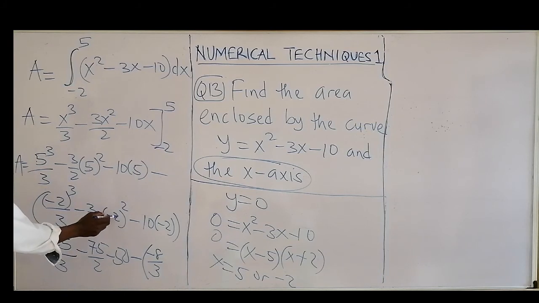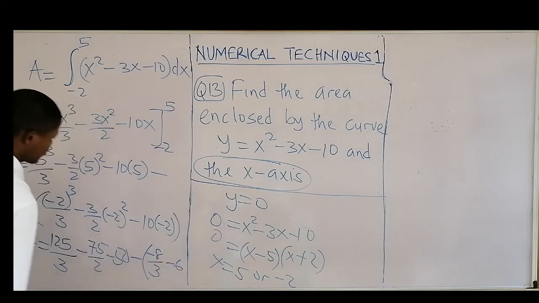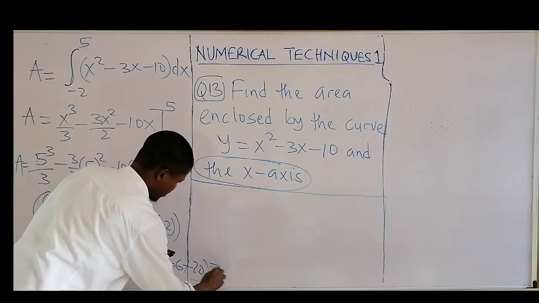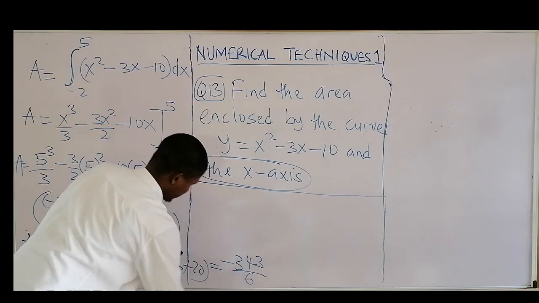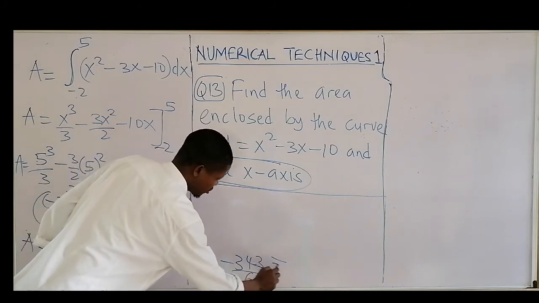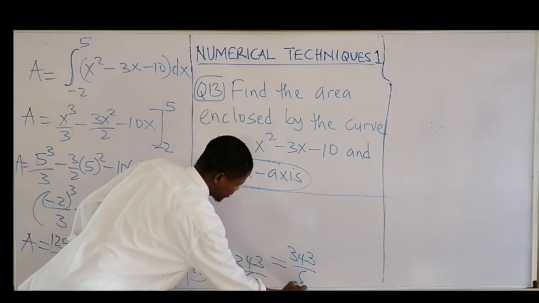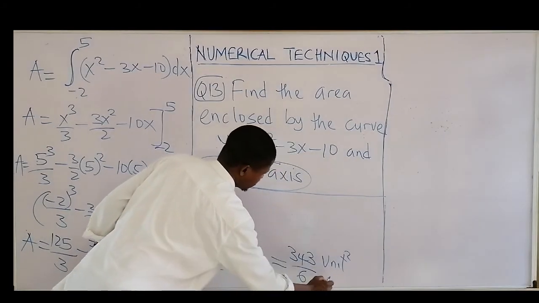This is 4, 4 times 3, that's 12 over 2, that's 6, that's minus 6. And then plus 20. So that will give us minus 343 over 6. Get the absolute value, and since it's an area, that will be 343 over 6 units squared.